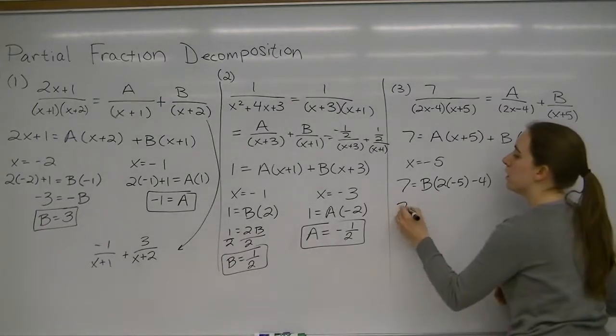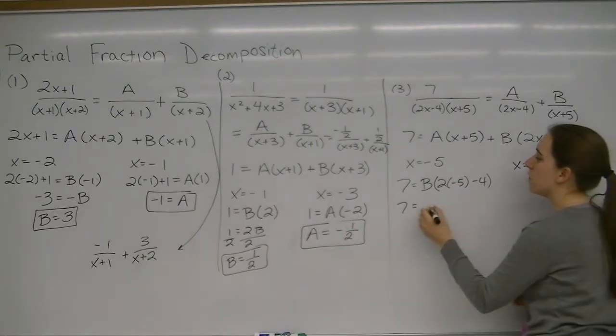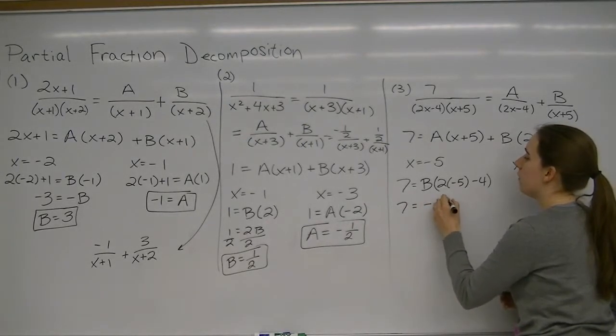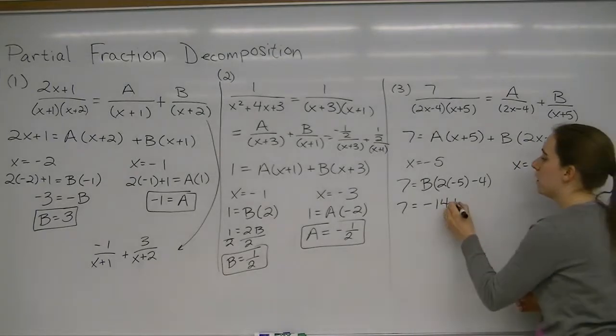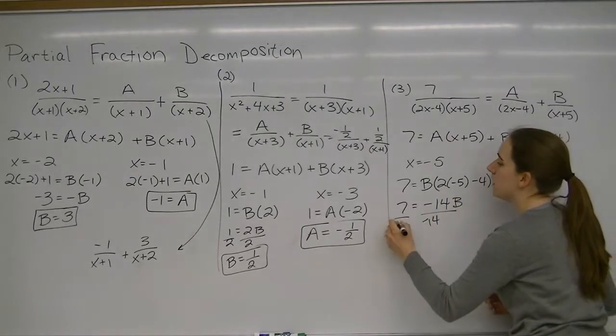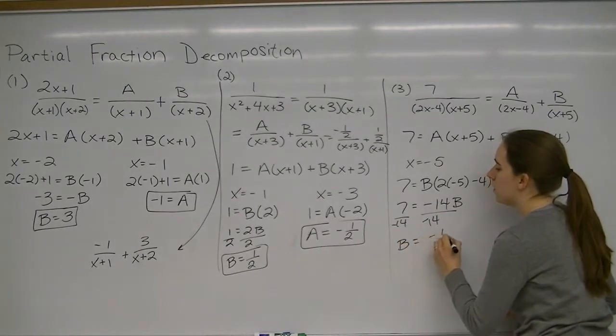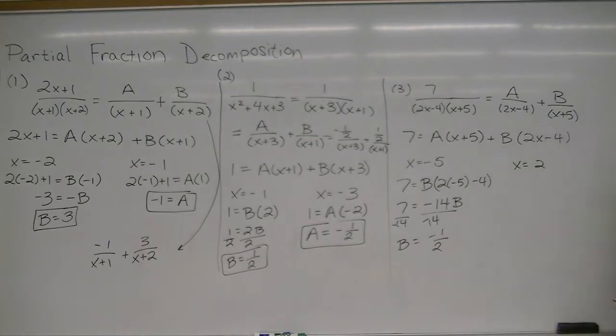So 2 times -5 is -10, minus 4 is -14 times b. If I divide by -14 on both sides, I get that b is equal to -1/2 when I simplify that.